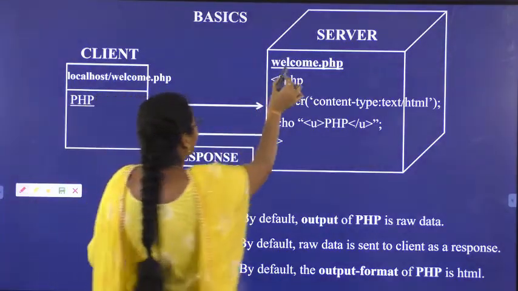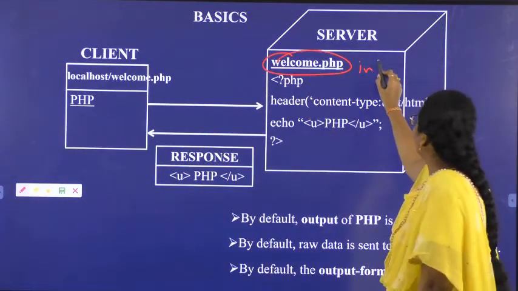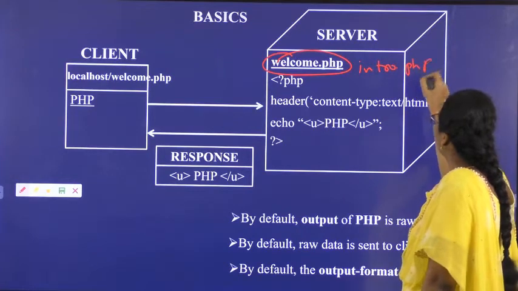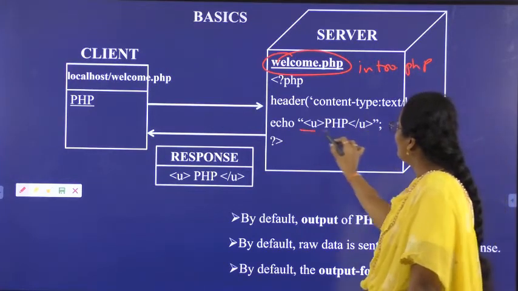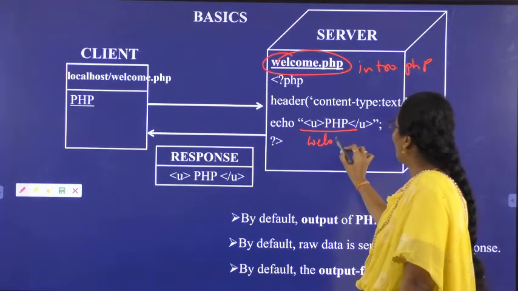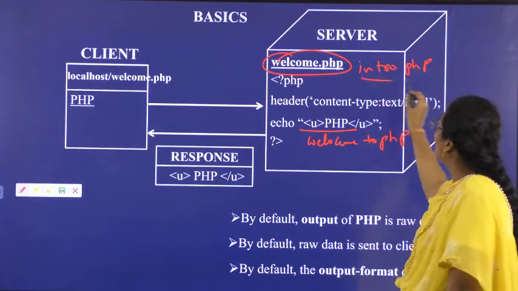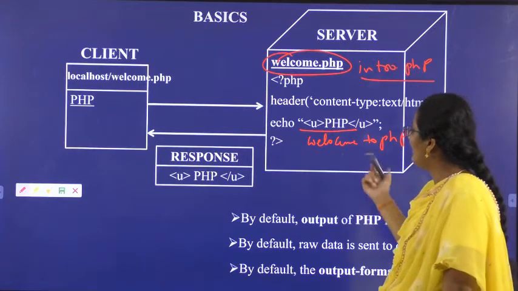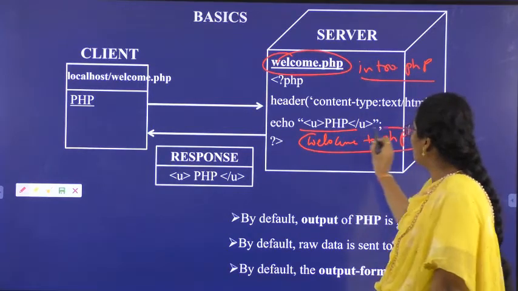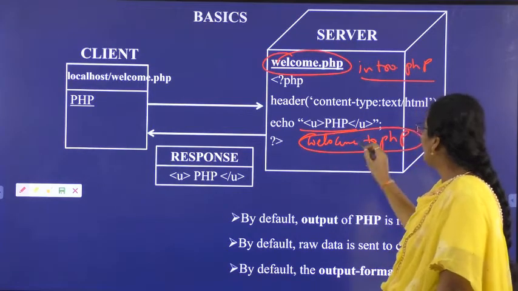So here we will have the intro.php program. What should it print? It should print welcome to PHP. When this PHP program is executed, the matter to print as the output is welcome to PHP.